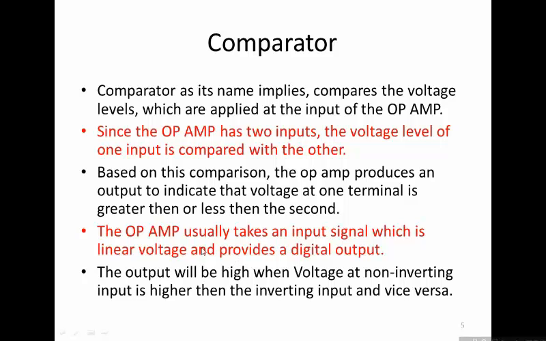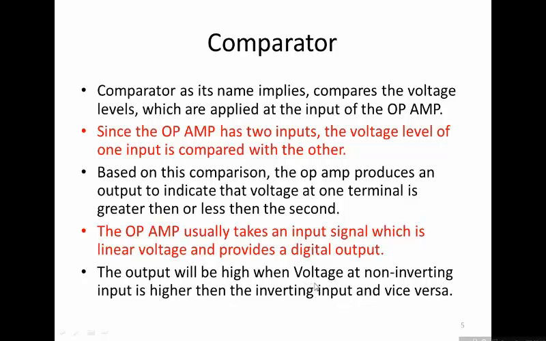So the input can be of any value, but the output would always be at one of its two possible levels. The output will be high when the voltage at the non-inverting input is higher than the inverting input, and vice versa.